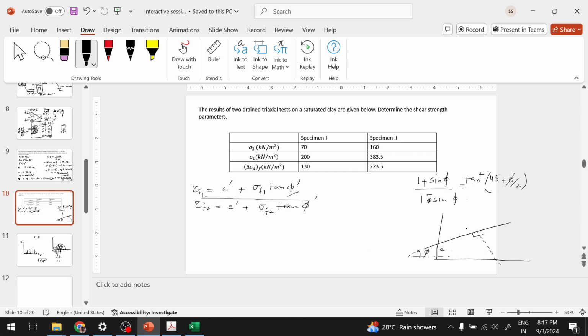So we have sine phi is equivalent to sigma 1 minus sigma 3 over 2 divided by sigma 1, this is c cot phi, plus sigma 3 over 2.